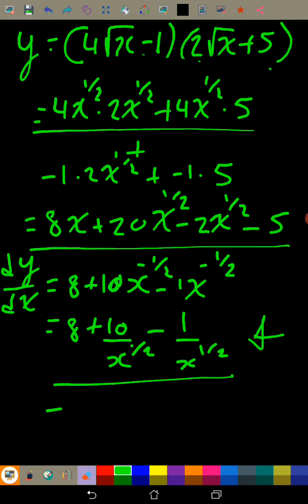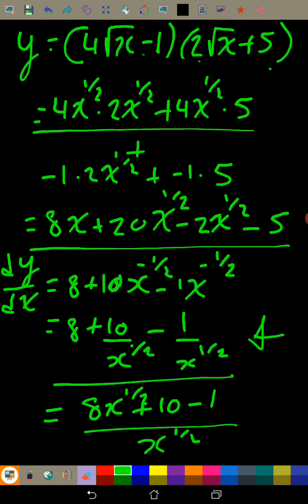Okay, maybe we can even go further here. So 8x to the power minus half plus 10 minus 1 to the power of x minus half, then 8x.